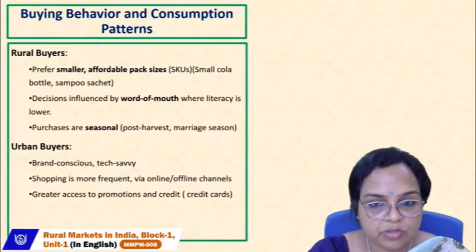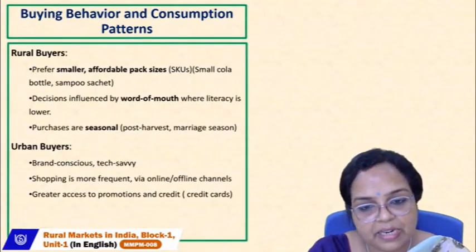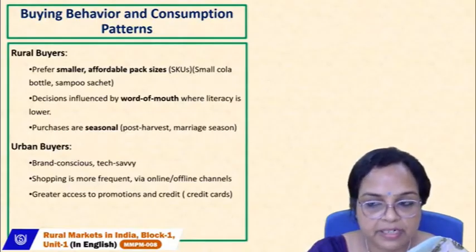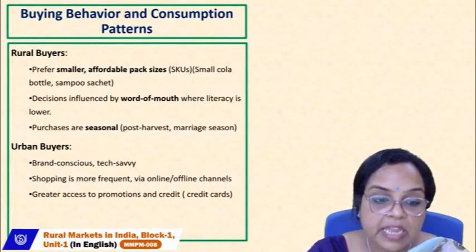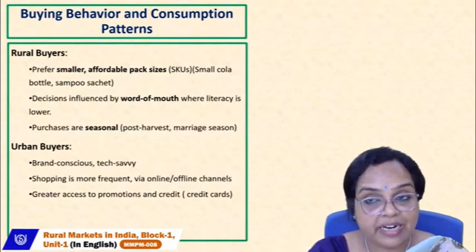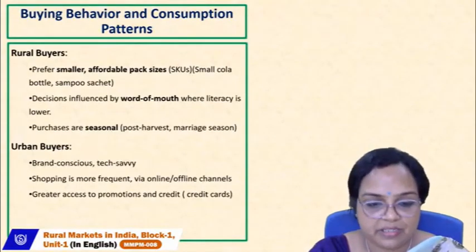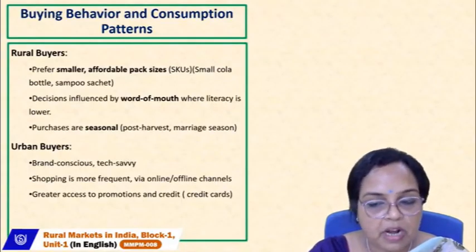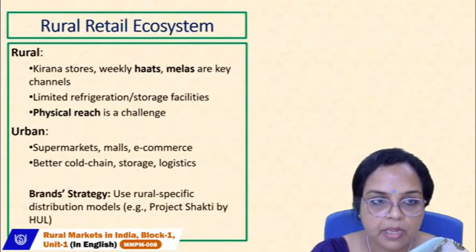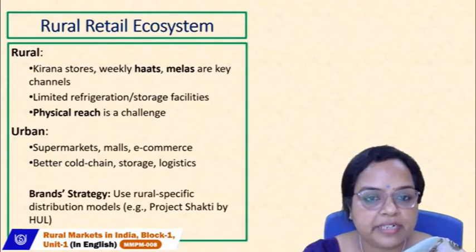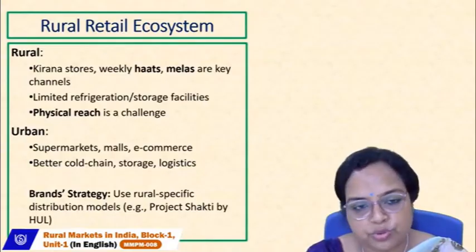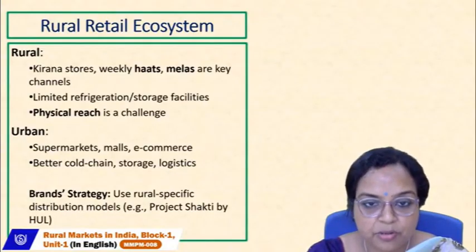Let it be Monday or Tuesday or the weekend, they are always packed in a shopping mall. So shopping or buying behavior is frequent for urban buyers, let it be online or offline. They have access to credit cards, easy money availability. That is the difference in buying behavior between urban and rural buyers. When it comes to the rural retail ecosystem, rural people usually buy from kirana stores, weekly hats or melas.